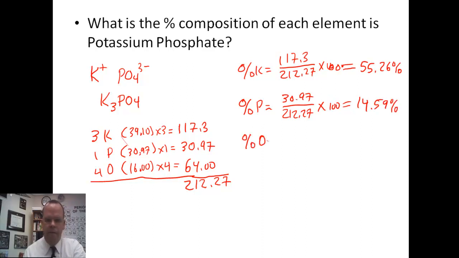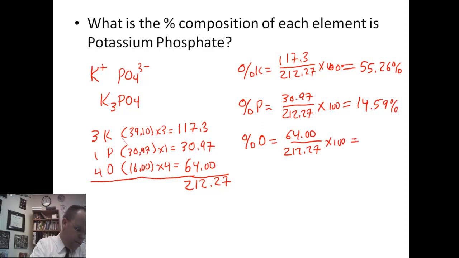And the percent of oxygen will be the mass of oxygen, 64, divided by 212.27 times 100. And we get 30.15%.